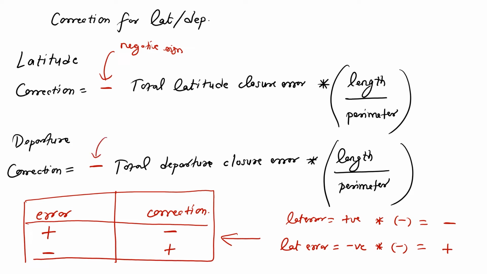Sometimes what happens is that you apply the formula, but later you forget to change the sign of the correction, and if you put this negative sign, then this formula will automatically adjust the sign of the correction.